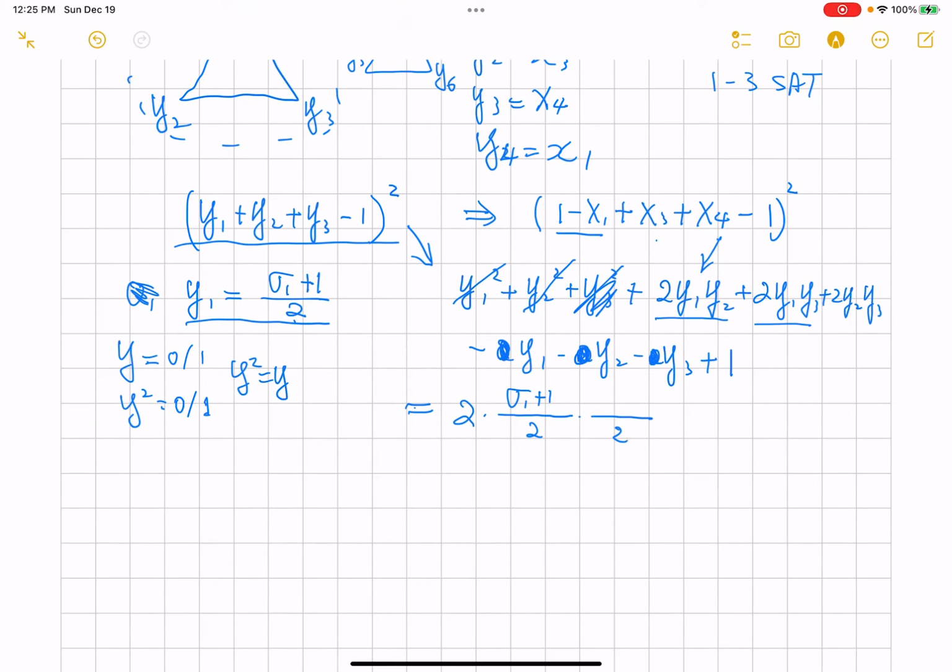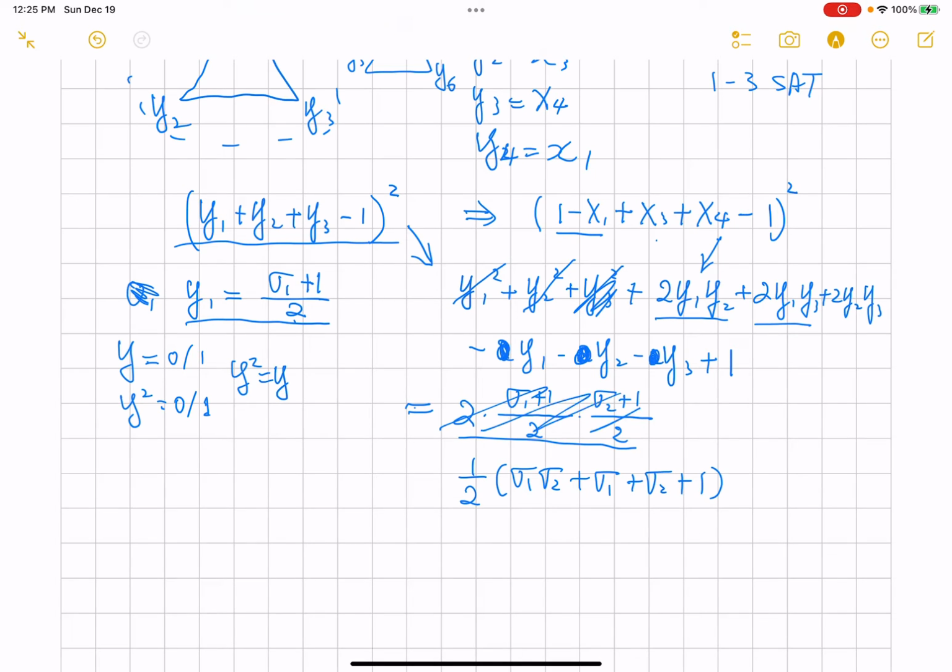Times 1/2 of sigma 2 plus 1, right? What is this? This term is going to be 1/2 of sigma 1 sigma 2 plus sigma 1 plus sigma 2 plus 1. That's what it is.